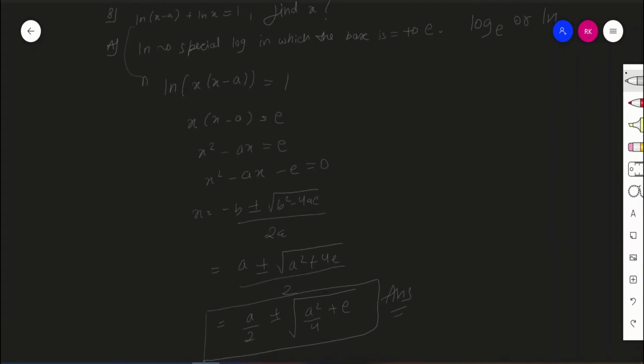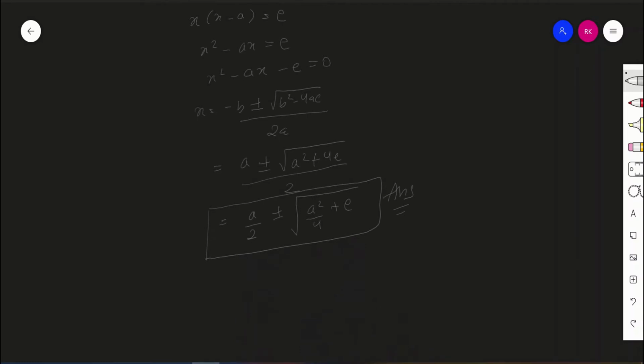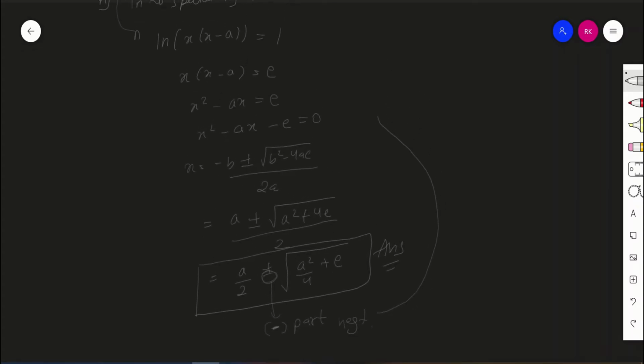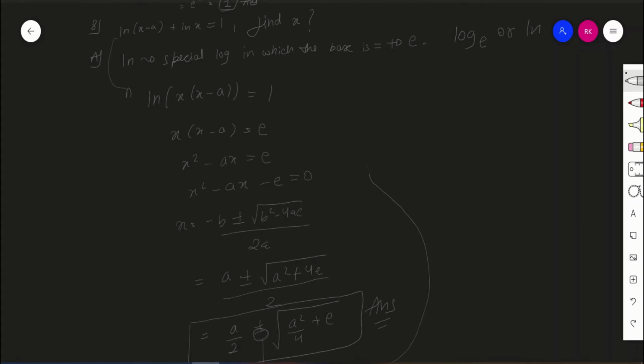But hang on, the negative part has to be neglected, because when you put the negative solution in the equation, the ln is not going to satisfy.